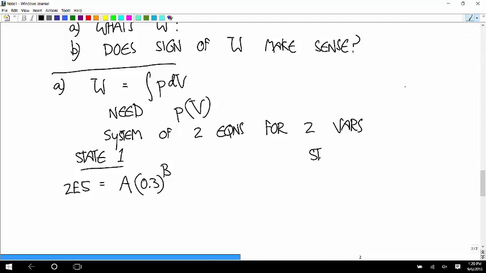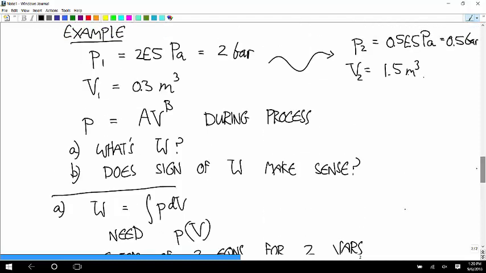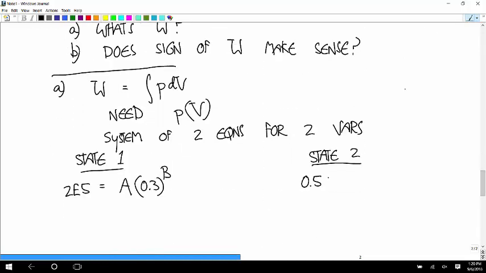And then state 2, you have the new pressure, 0.5 times 10 to the 5th is equal to A times 1.5 to the B power. So there's your first equation and your second equation.